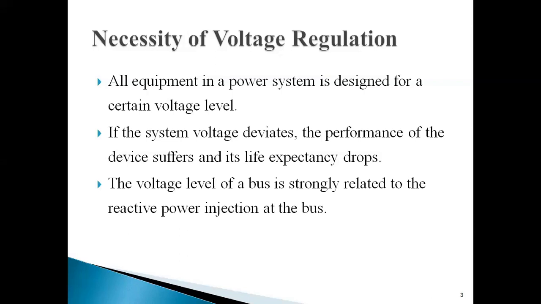Due to this surplus of reactive power, voltage will be more. So voltage and reactive power are strongly related. Based on the prevailing condition of reactive power, voltage will vary. In simple words, one of the main factors of voltage instability is the deficit of reactive power.